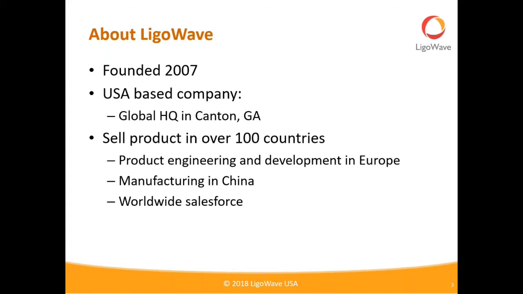So LigoWave was founded in 2007. We are a global company, but we are actually based and headquartered here in the United States in Canton, Georgia, which is a suburb of Atlanta. We sell products in over 100 countries. We do our product engineering and development in Europe. We do our manufacturing in China, and of course, we do our selling worldwide.